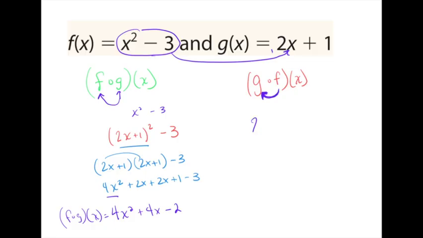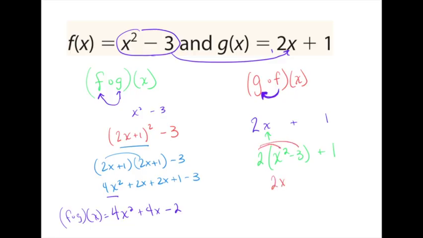So I'm going to say 2x plus 1. But instead of my x, I'm going to write my f function: 2 times (x squared minus 3) plus 1. All right? I'm just plugging the entire function into the other function. That is composite.